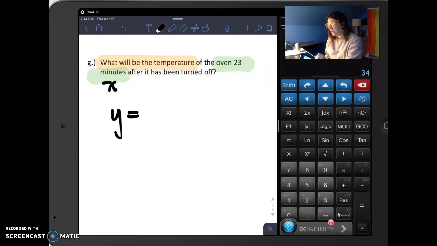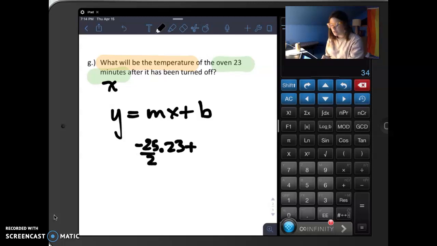In the equation y equals mx plus b, we know that x equals 23. We know m, that we found at the beginning, it's negative 25 over 2. We know b, 425. But what we don't know is y, because we're trying to find the temperature. Lucky for us, this equation is already solved for y.